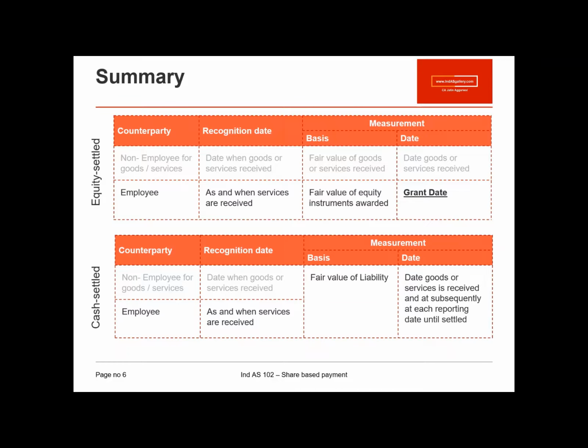This grant date fair value remains fixed in this case. When it comes to cash settled schemes, in case of an employee, we'll again recognize this as and when services are provided, but the difference would be that my measurement would be based on the fair value of the liability, and this would change at every reporting period as and when we pass our accounting entry.